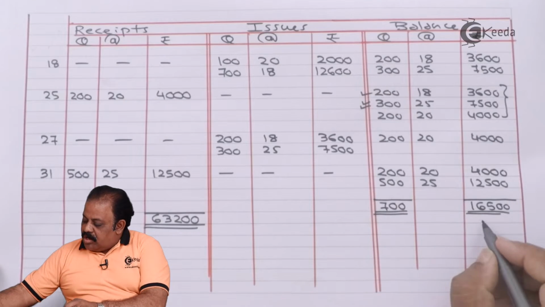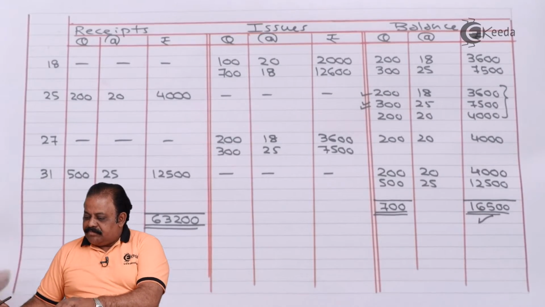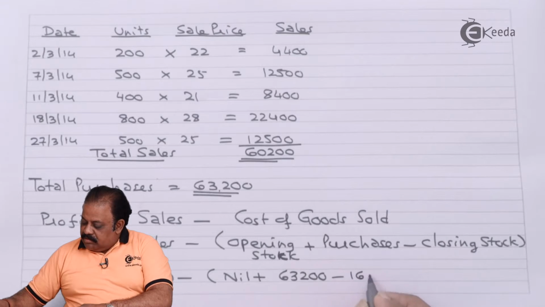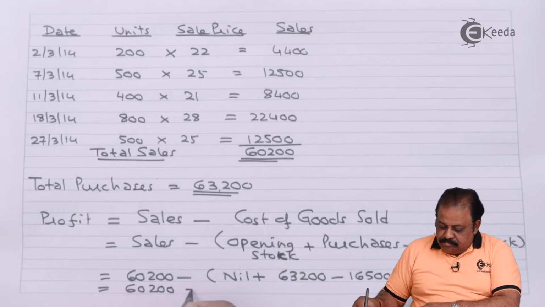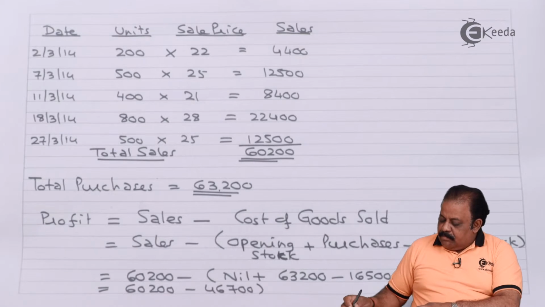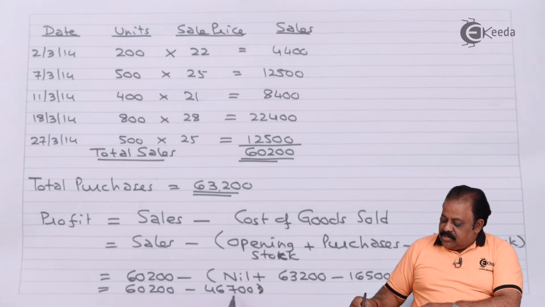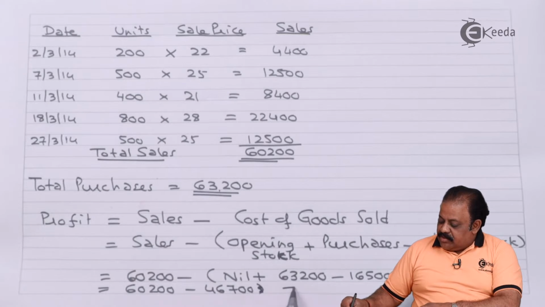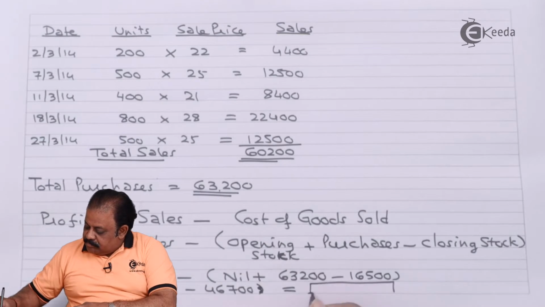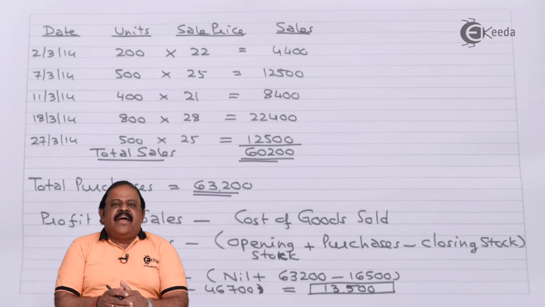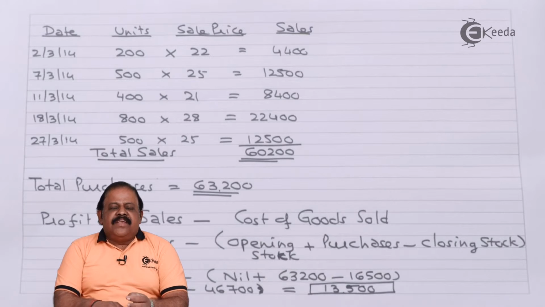We have closing stock 16,500 minus 16,500. By solving this we get 60,200 minus 46,700, 13,500 as per FIFO basis.